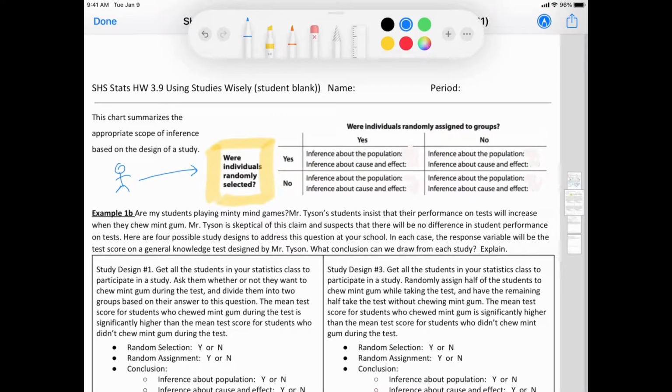Okay, now, if they were randomly selected, then we can say yes. If it was both yes, they were randomly selected, and then here in my green, did we then go ahead and put them into 2 different types of groups?